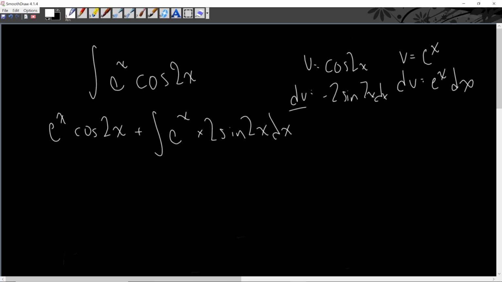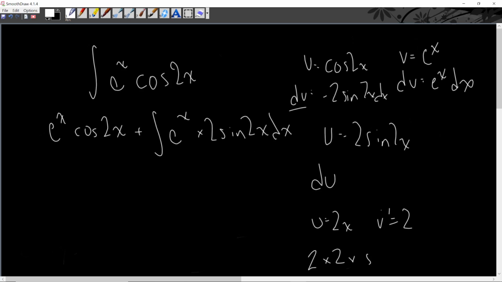Alright, from here, let's let u be 2 sine 2x, and then again we'll have to use chain rule. So u is equal to 2x, we have a function inside of a function, u prime is equal to 2, so we have 2 times 2 times sine u's derivative, so that's going to be cosine u, and if u is equal to 2x, we have 4 cosine 2x.